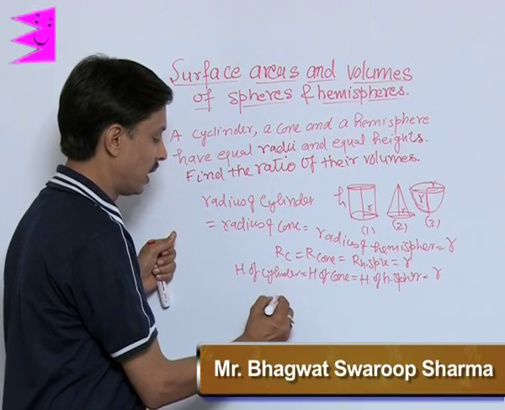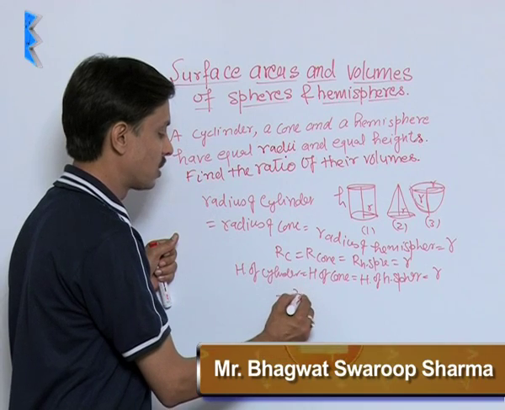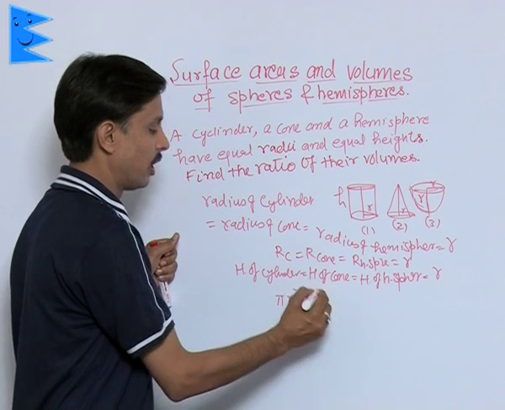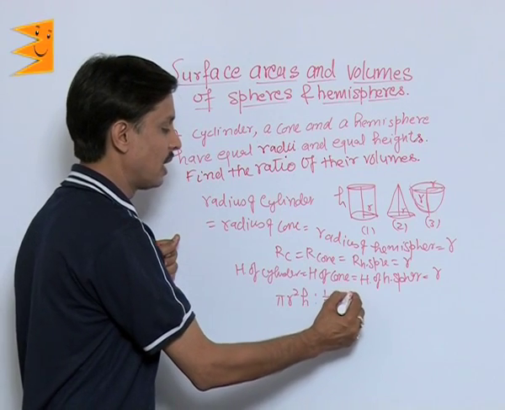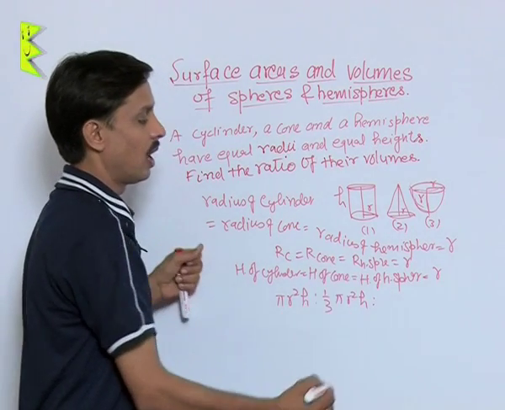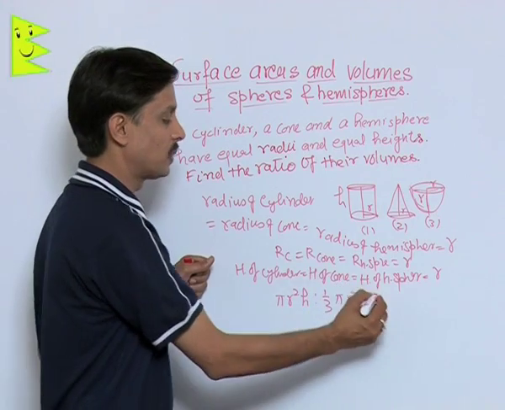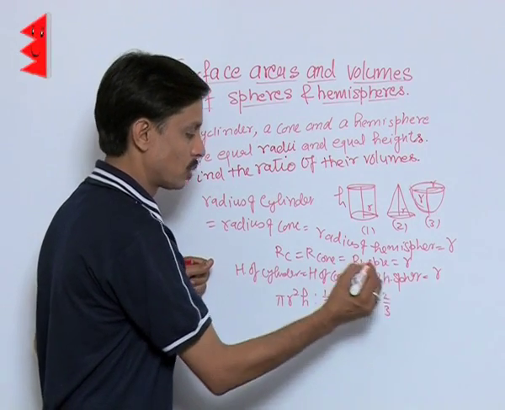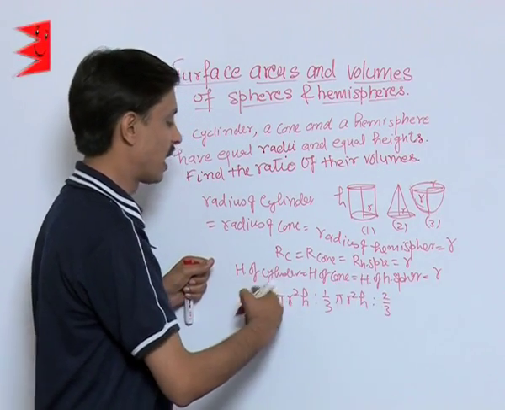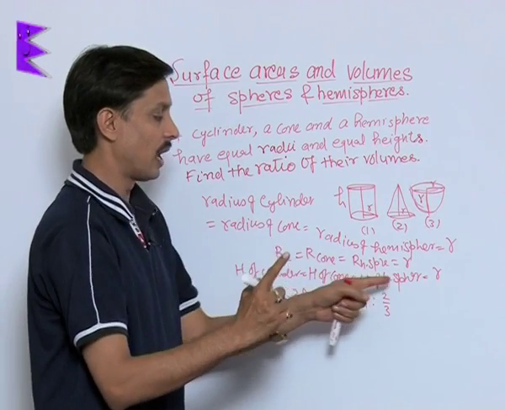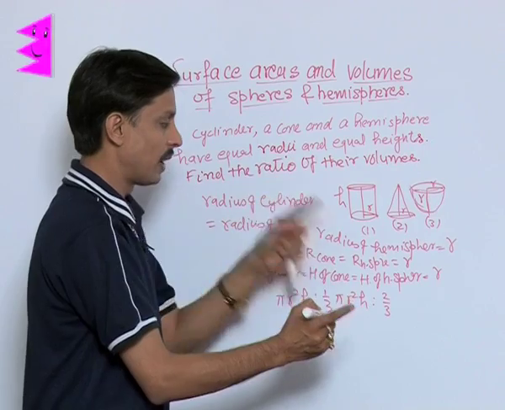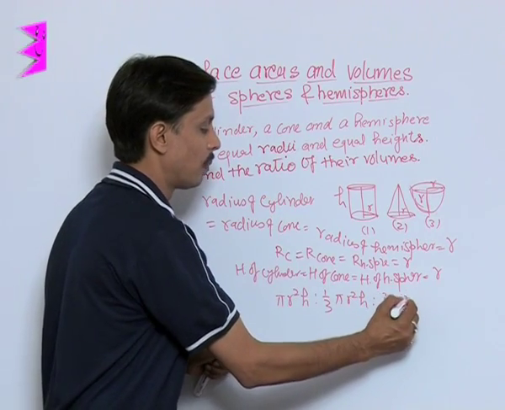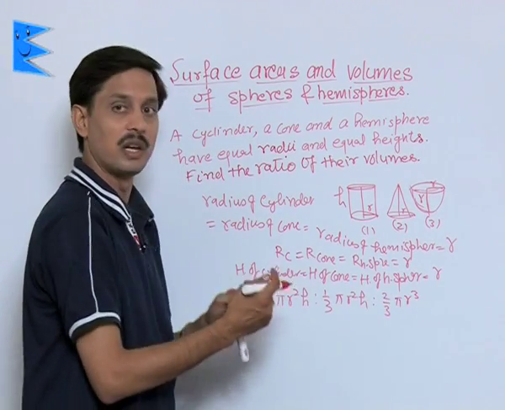Volume of cylinder is pi r square h, is to 1 by 3 volume of cone, pi r square h, is to the volume of hemisphere. What are we comparing? Height of hemisphere is always equal to radius. So the volume of hemisphere is 2 by 3 pi r cube as the usual result.